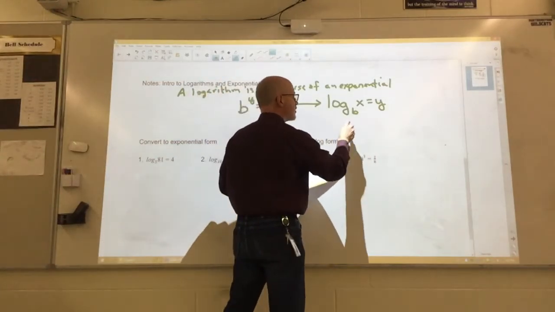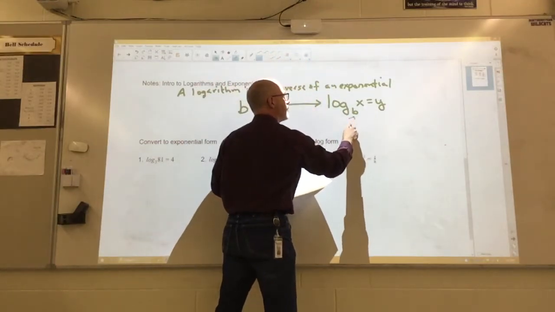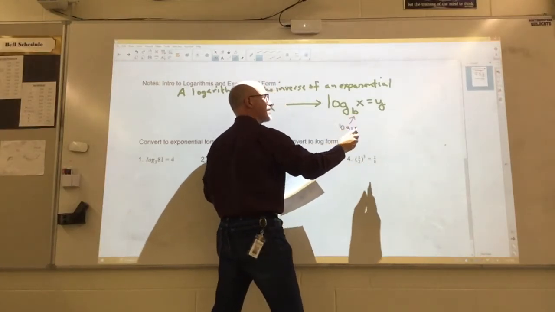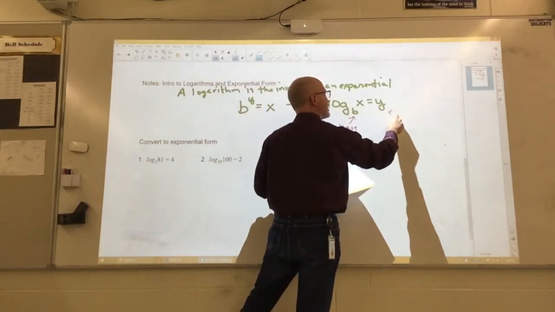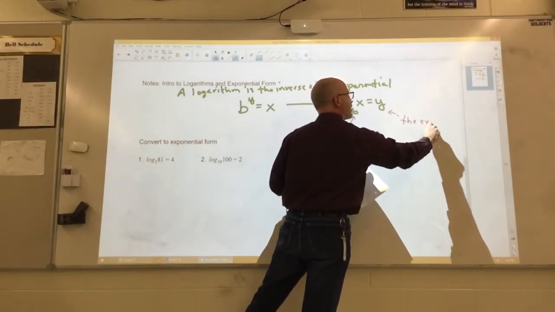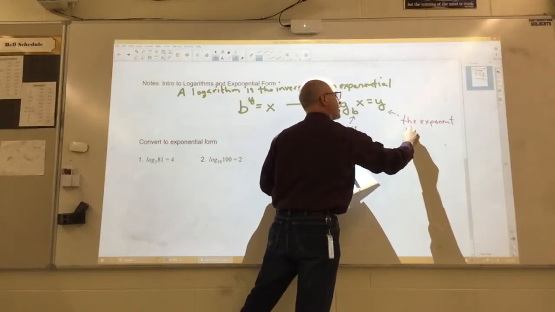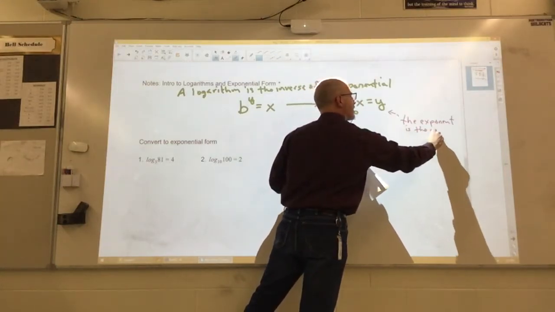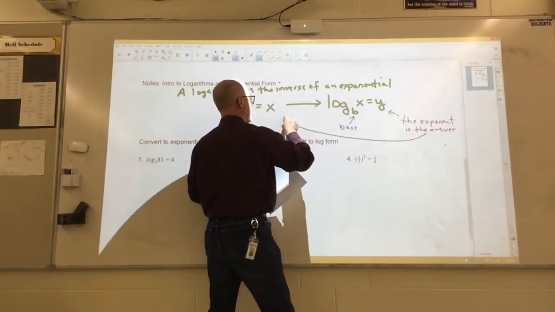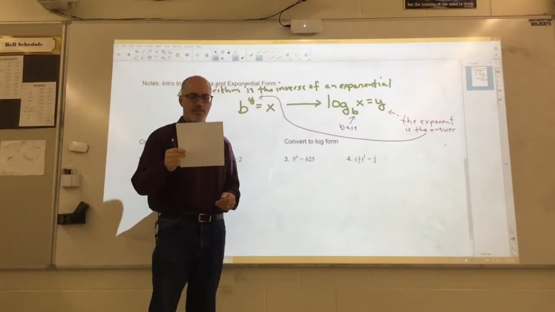So this is called the base, log base b of x, and the exponent is the answer. Notice I'm going to refer back to that exponent up there. It's the answer to the logarithm problem.